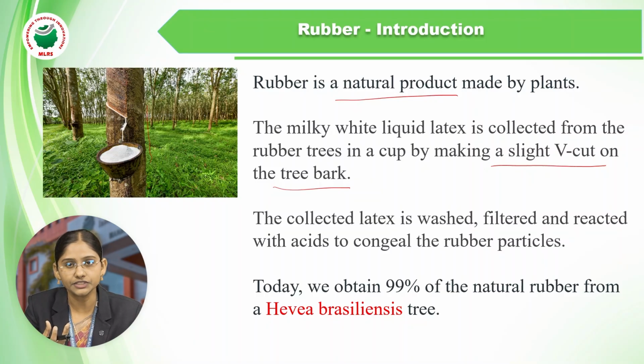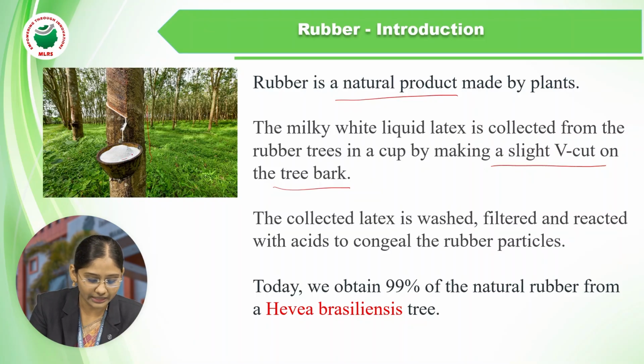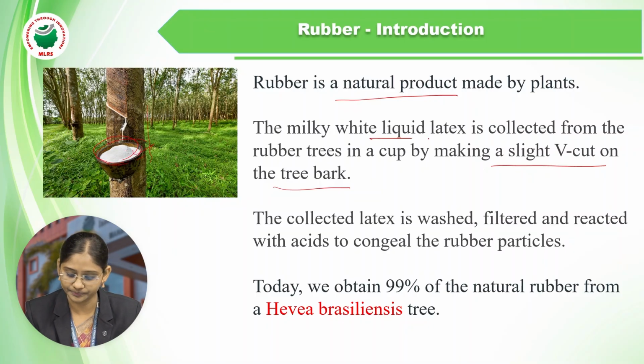From that cut, a milky white fluid comes out from the tree and is collected in the cup. This white, semi-solid liquid is called latex, which is obtained from the plant.